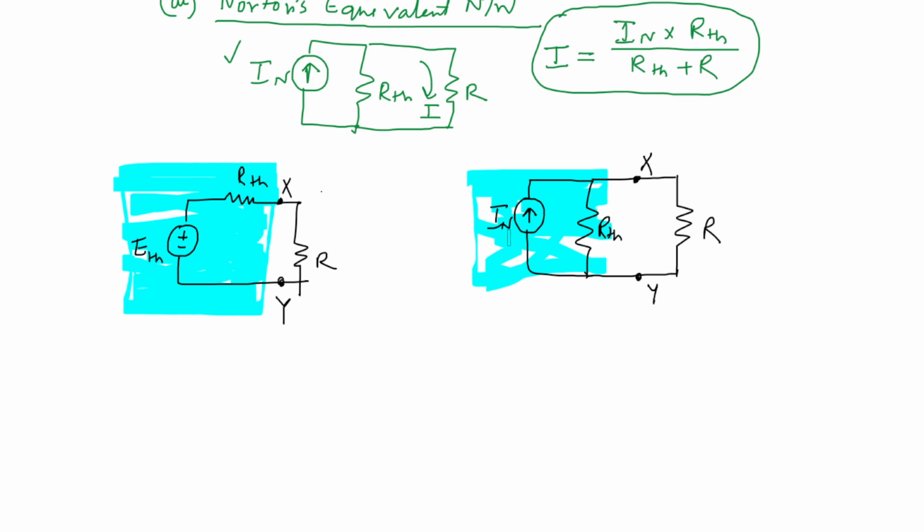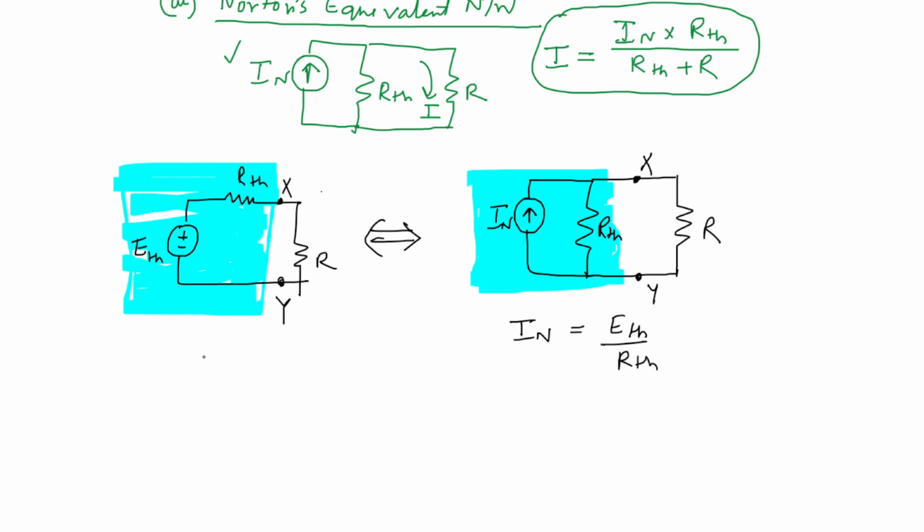So if you look closely, with respect to the X and Y terminals, you will get a strange relation, that is nothing but your IN. Now if you follow the source conversion technique, your IN should be equal to ETH by RTH.